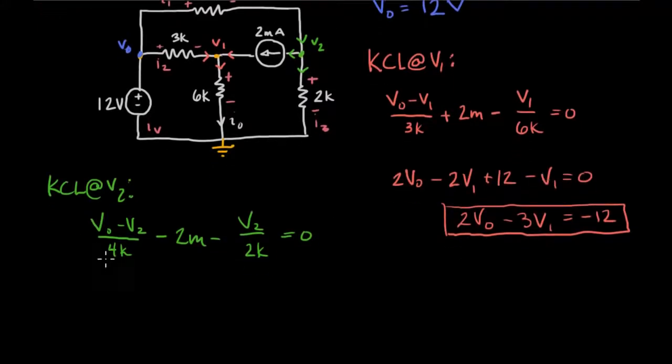And now we can use 4K as our common denominator, and we'll end up with V0 minus V2 minus 8 minus 2V2 equals 0. And finally, V0 minus 3V2 equals 8.